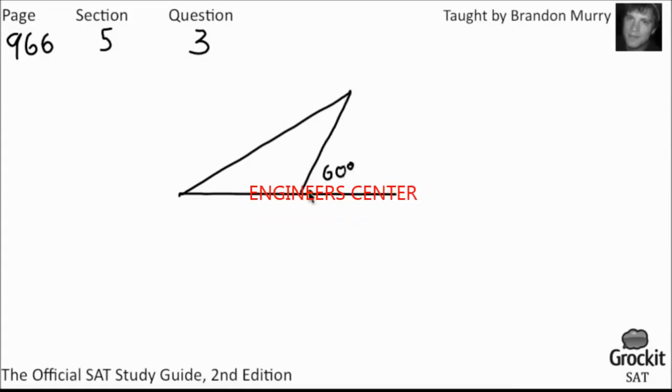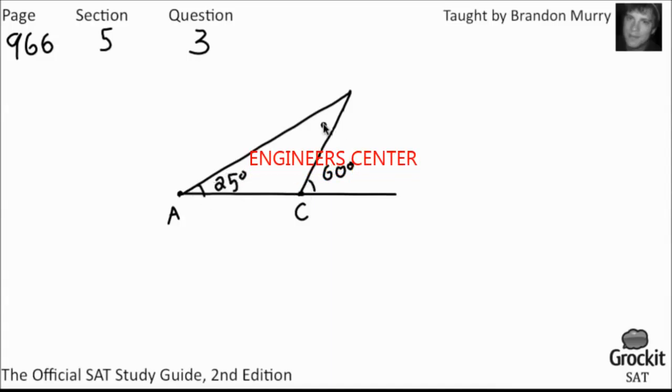The number of the angles are labeled, and their measures are labeled as well. We're told that this angle up here is x degrees. So angle B is x degrees. Now what I want to know, it says in the triangle ABC above, what is the value of x?